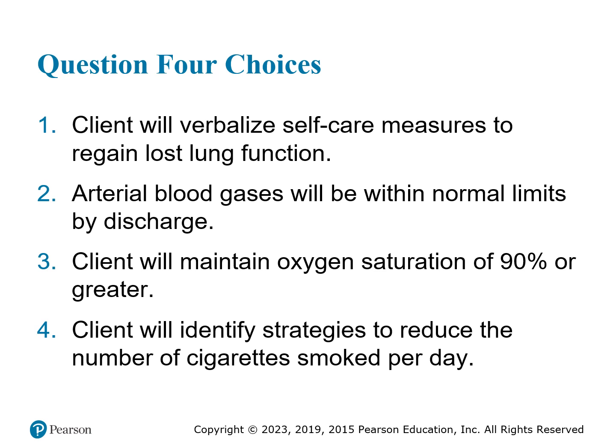Your choices are: number 1, client will verbalize self-care measures to regain lost lung function. Number 2, arterial blood gases will be within normal limits by discharge. Number 3, client will maintain oxygen saturation of 90% or greater. Number 4, client will identify strategies to reduce the number of cigarettes smoked per day.